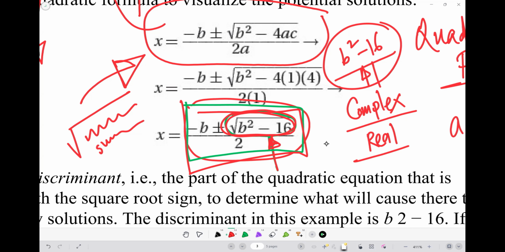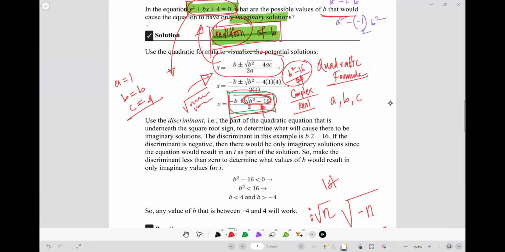This discriminant can tell you how this whole term might be. So the only condition for it not to become complex or imaginary is that b squared minus 16 is greater than or equal to 0, right?